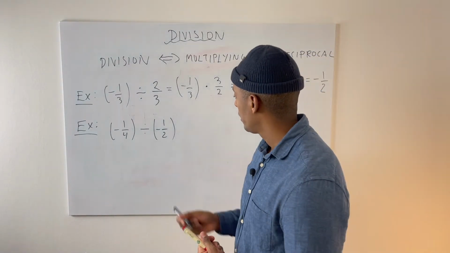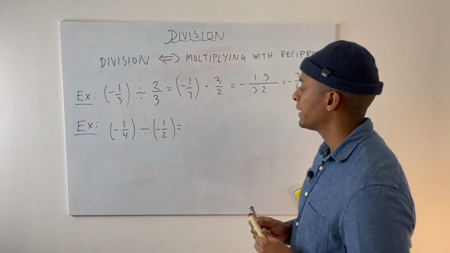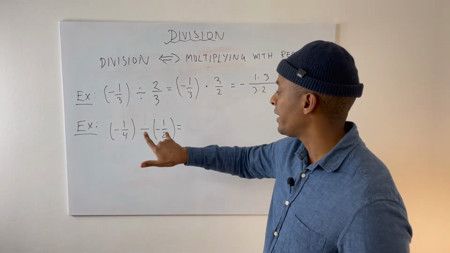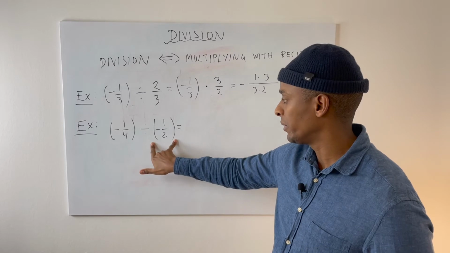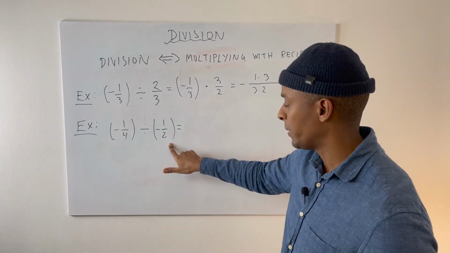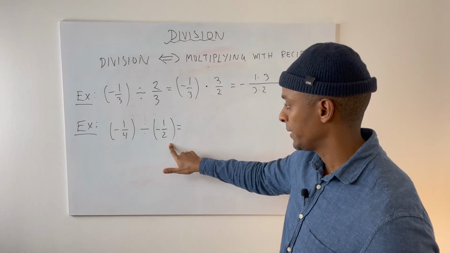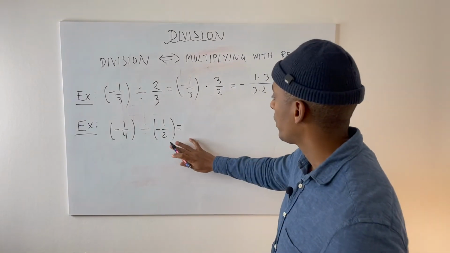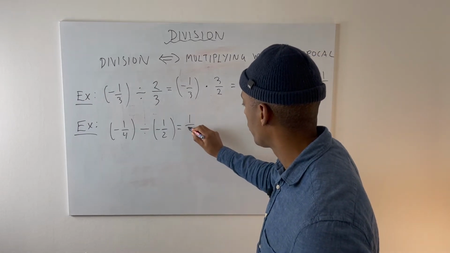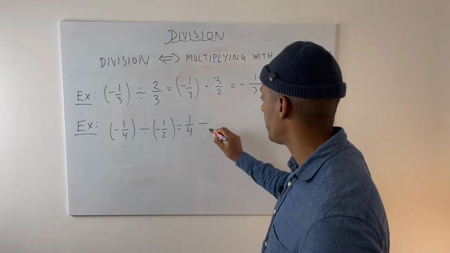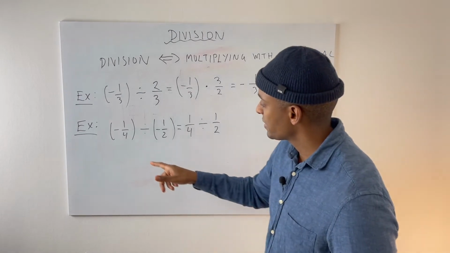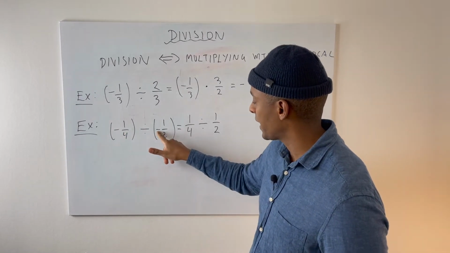Here, we're taking a negative number and dividing it by a negative number. So we know that the quotient is going to be positive. So we can write this as 1/4 divided by 1/2. Basically, this minus and this minus cancel each other out.